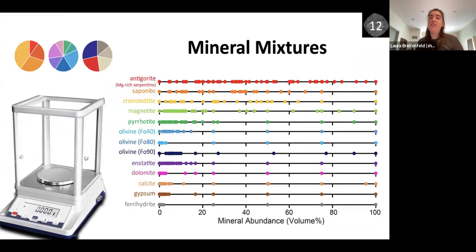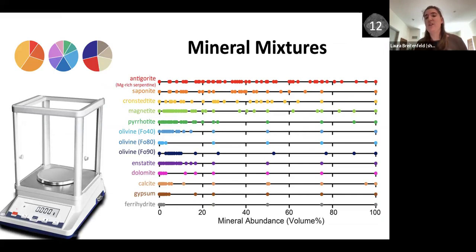So utilizing these end member minerals, we made mineral mixtures that covered a range between 0 volume percent to 100 volume percent, so that predictions could be made for different compositions of different materials.